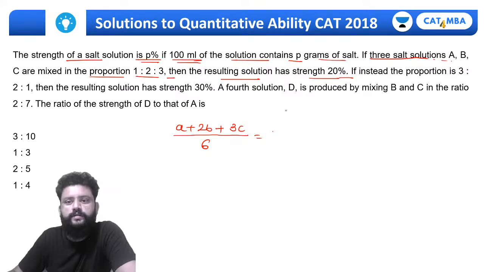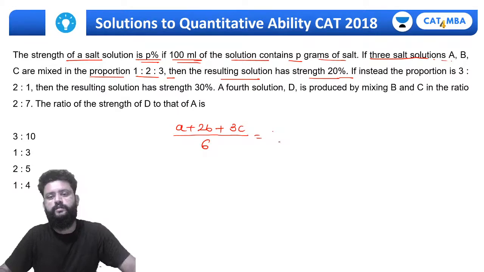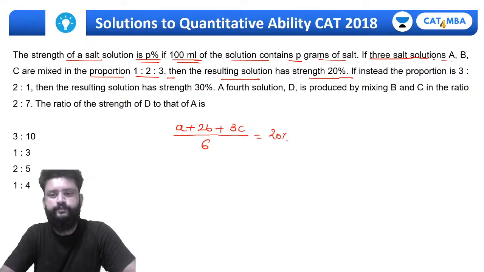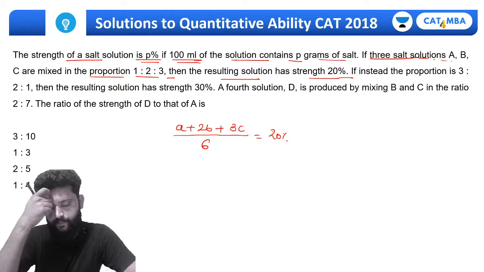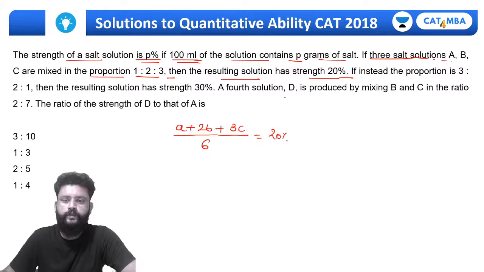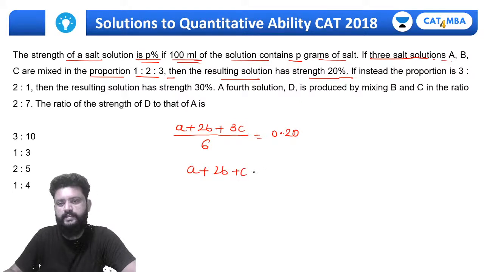That is 20%, which I can write as 0.2. So simply I can conclude A plus 2B plus 3C must be equal to 6 into 0.2, that is 1.2.